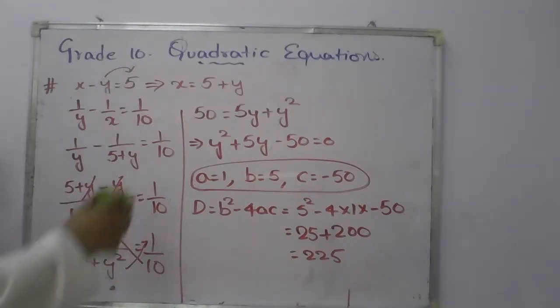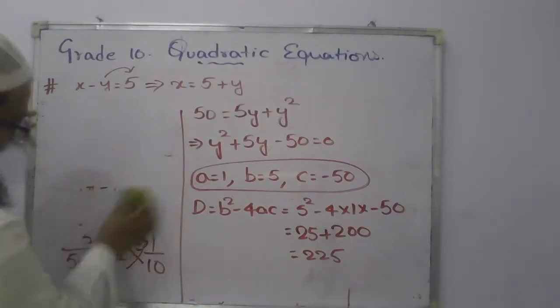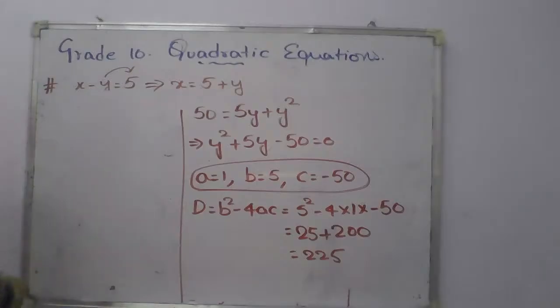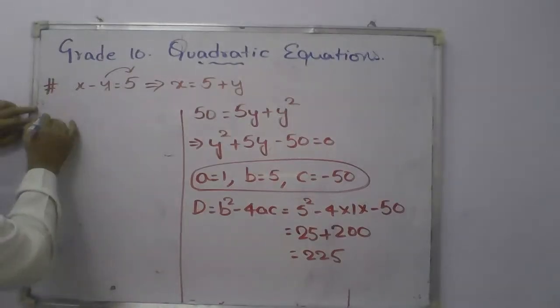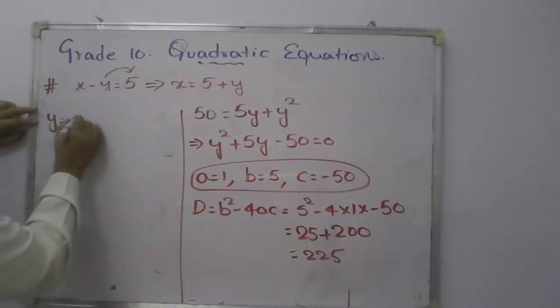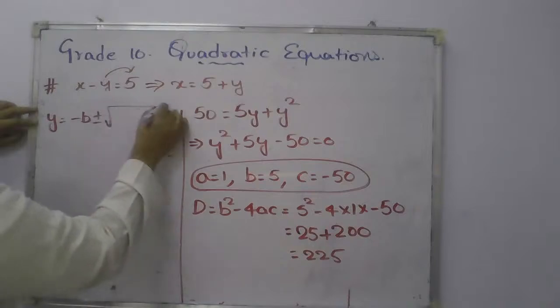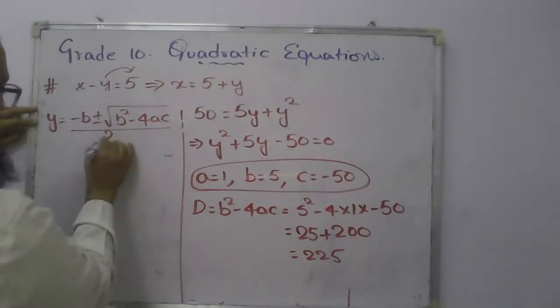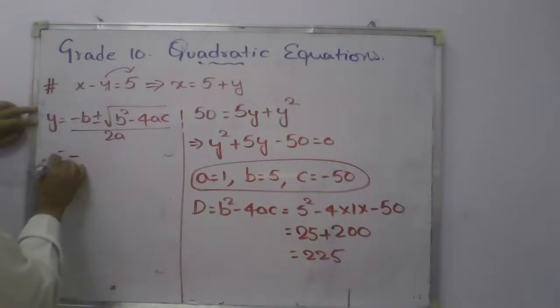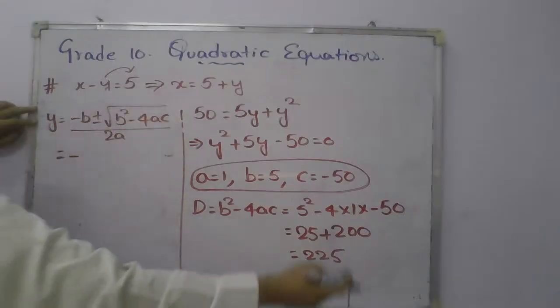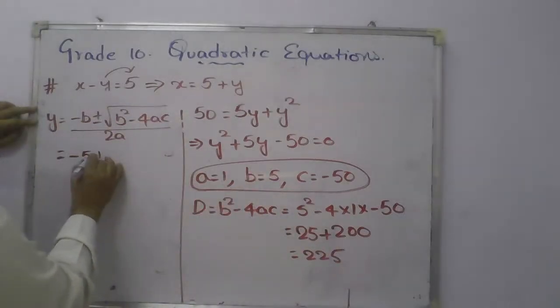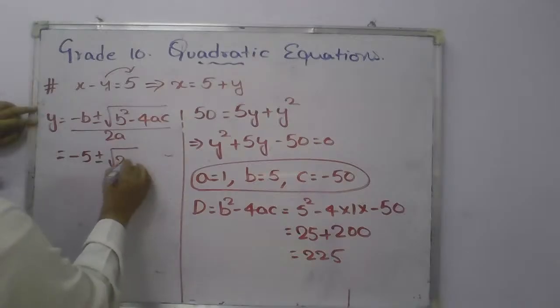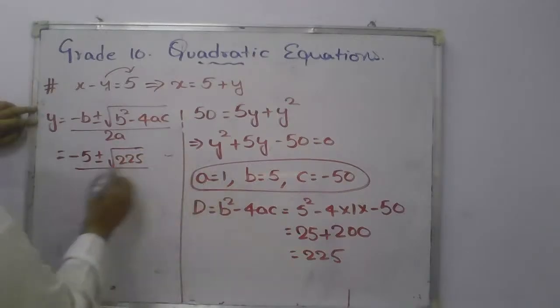Now let us substitute over here. So y is equal to minus b plus or minus square root of b square minus 4ac divided by 2a, and minus, what is b? b is 5, plus or minus square root of 225 divided by 2a, 2 into 1, 2.